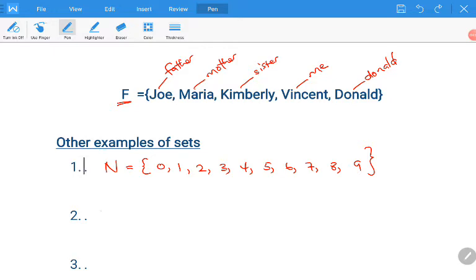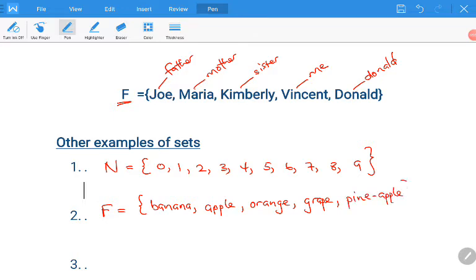So I'm going to present this one using an F. So we used to get bananas, apples, orange, grapes, and pineapples. So this is a set because every element of this set is well defined.